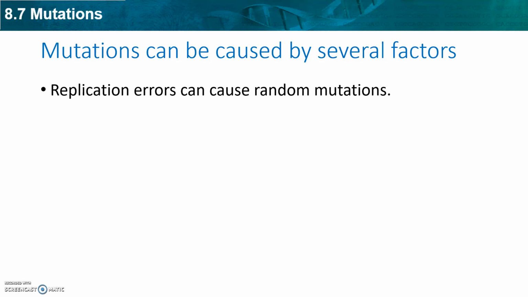So statistically speaking, it's likely that when an error occurs, it will occur during the process of replication. And this can be just random mutations. It can happen at any point along a DNA strand. There's nothing that really causes it. It's just random chance when DNA copies itself.